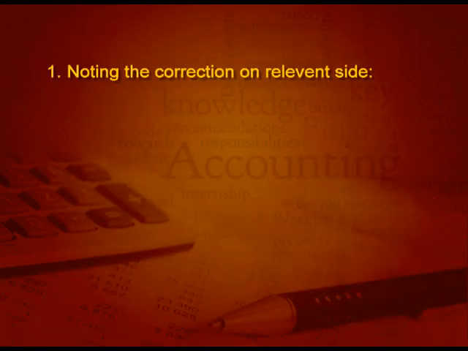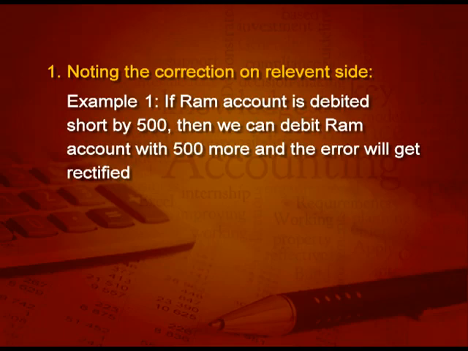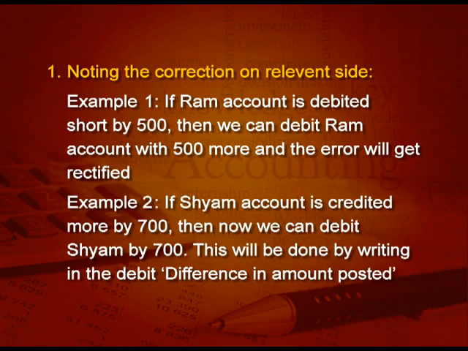Starting with the first one, that is noting the correction on the relevant side. Say, for example, if Ram account is debited short by 500, then we can debit Ram account with 500 more and the error will get rectified. Take another example. If Shyam account is credited more by 700, then what will you do?